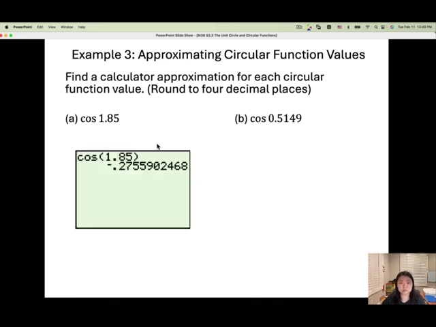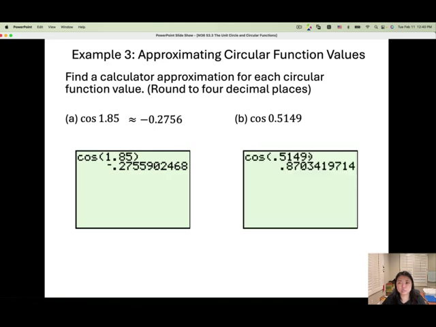You should get negative 0.27559, so approximately negative 0.2756. Okay, cosine 0.5149 will be 0.8703. So with 4 decimal places, it's 0.8703.